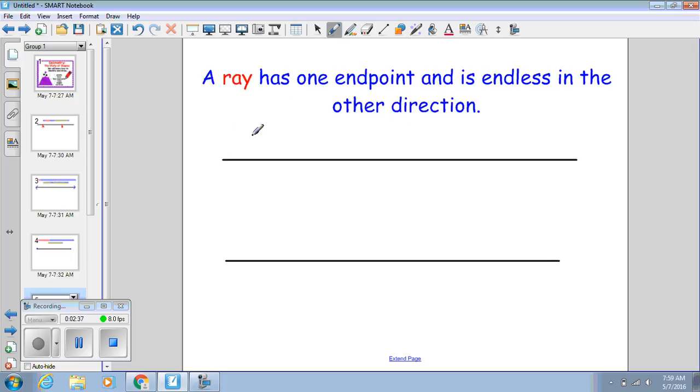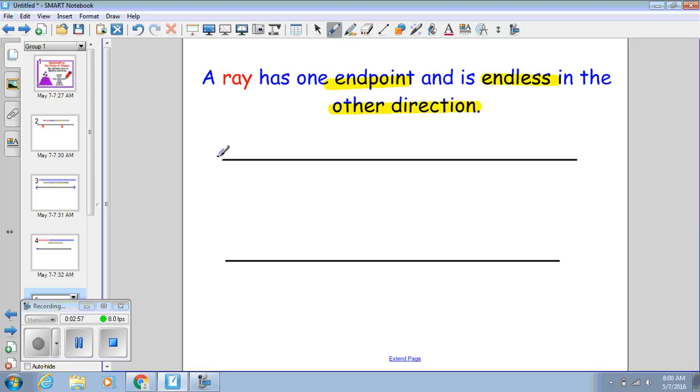Our next word to know is a ray. A ray has one end point on one end, and then it's endless in the other direction. So I've got my important words highlighted here, and now I'm going to represent that. Let me get a marker.